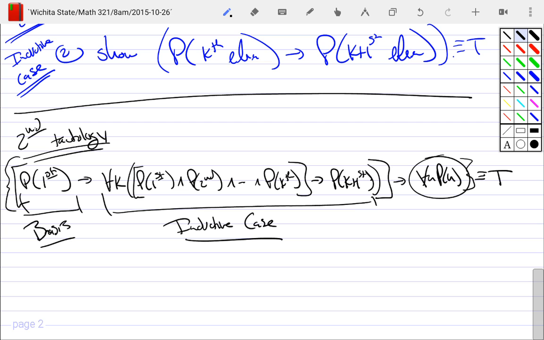The difference between this and the one before: it looked like this. For all k, P of k implies P of k plus first. This one was like, you know what, I really didn't need kids 1 through k minus 1.